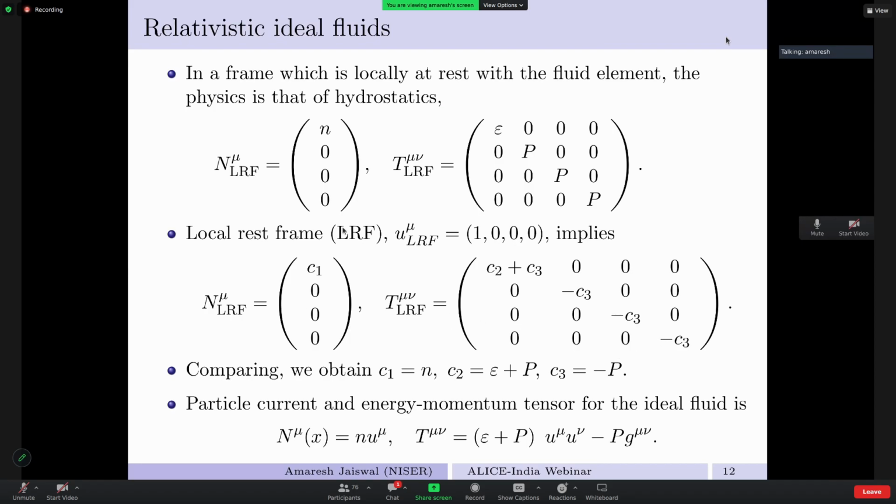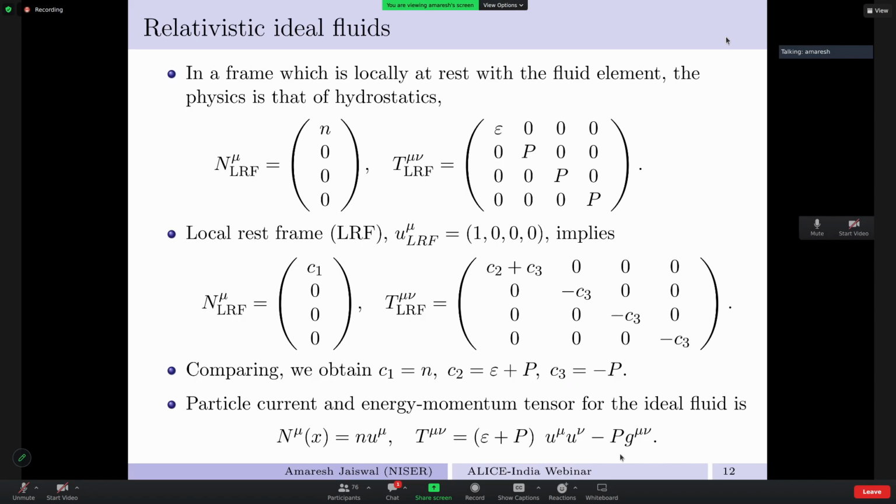And then comparing these two, the hydrostatic picture with the form that we already obtained from the tensor arguments, we get these values of C1, C2, and C3. C1 is very easy to see, that's the number density. C2 is energy density, and C3 is energy density plus pressure, and C4 is minus P, negative for pressure.